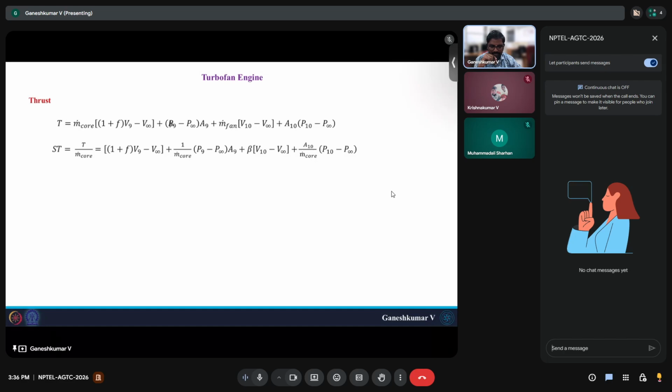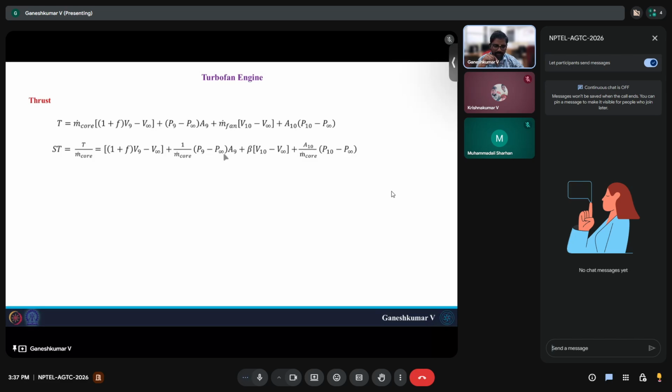So the thrust relation has m dot core into (1 plus f) V9 minus V infinity, plus the pressure thrust at the exit of the core, plus m dot fan into V10 minus V infinity, plus A10 into the exit pressure difference of the fan nozzle. Also you have a pressure thrust. So these are the four terms you should have in the thrust, and you divide it by m dot core, you will end up having this relation.